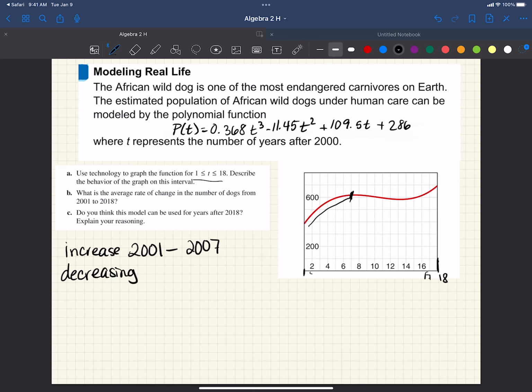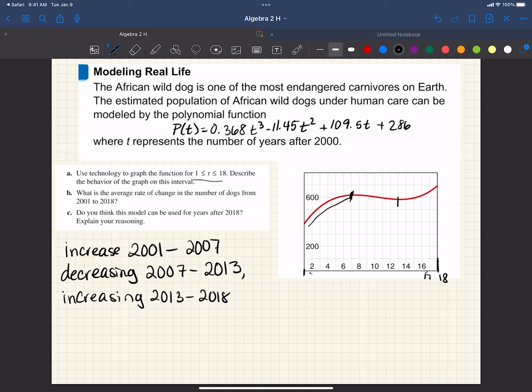Even if it's slightly decreasing, it's still decreasing from 2007 all the way until, I would say personally, about 2013. You want to go a little bit before, so 2013. And then from 2013 on, it is increasing again. So when you do this kind of description, you want to read the graph left to right and discuss what's happening.